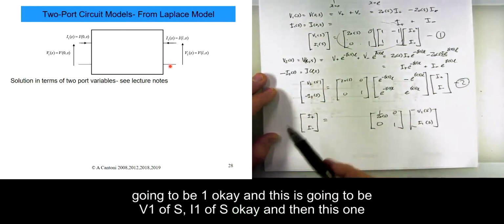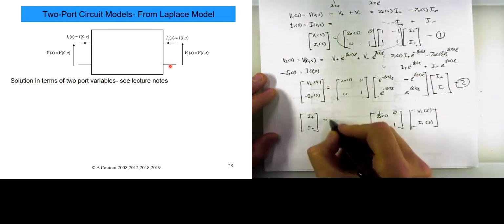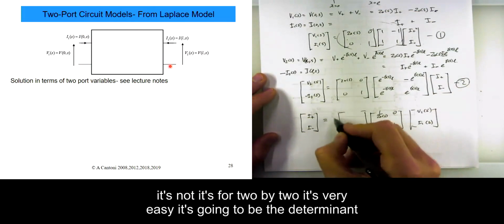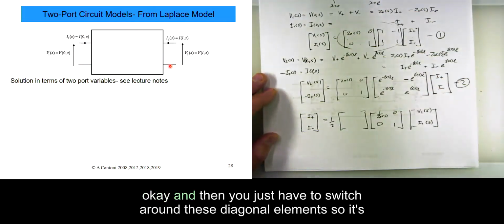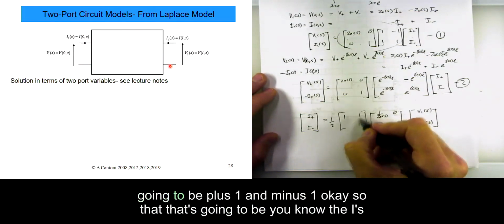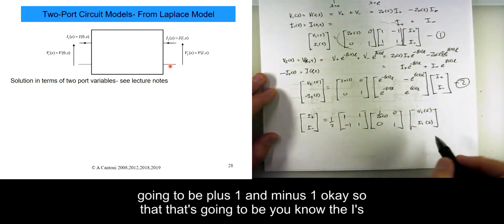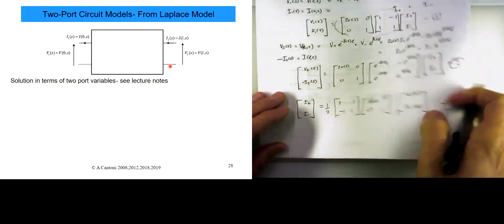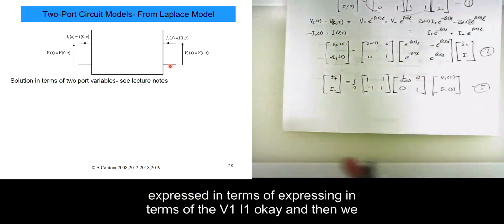Then for this 2x2 one, it's going to be the determinant, and then you just have to switch around the diagonal elements, so it's going to be plus 1 and minus 1. So that's the I's expressed in terms of V1, I1.